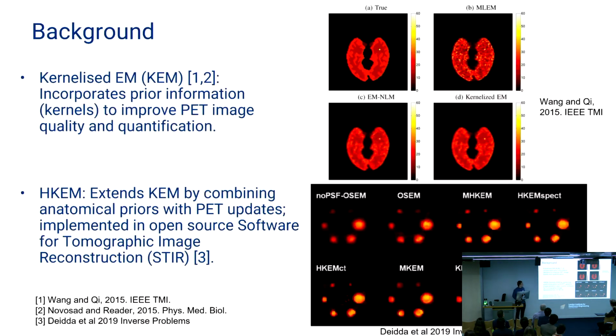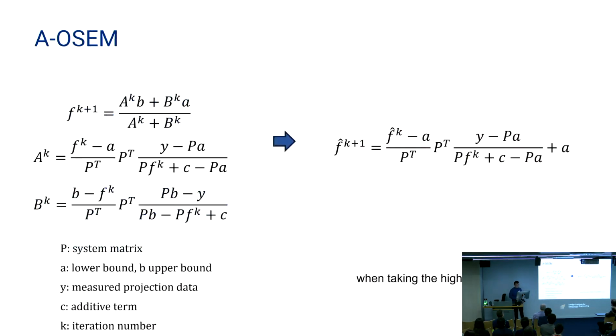Our idea here is that we can use the benefit of removing the positive bias from the ABOSEM, but also keep using the kernel method to improve the image quality. On the left is the traditional ABOSEM method.